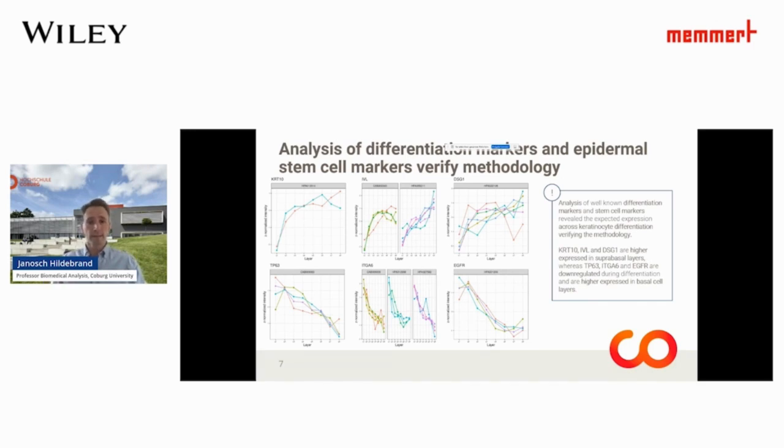On the other hand, the stem cell marker TP63, for example, is highly expressed in basal cell layers and decreased during the differentiation process.